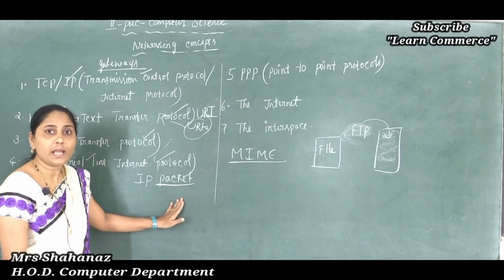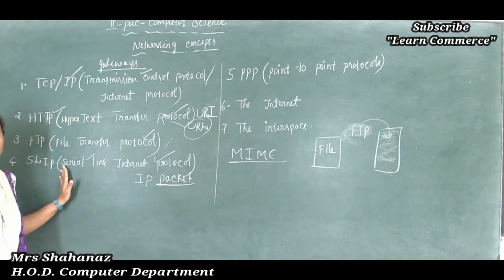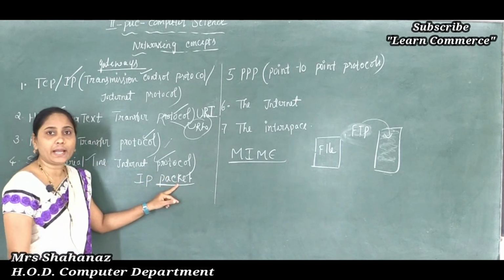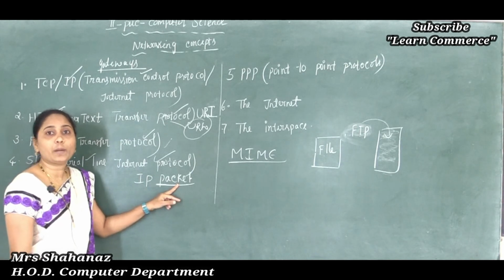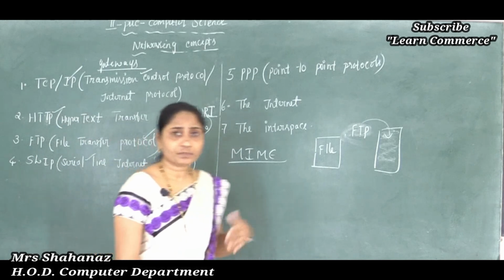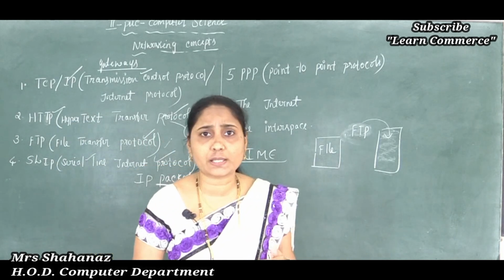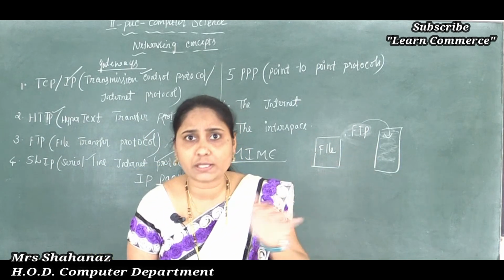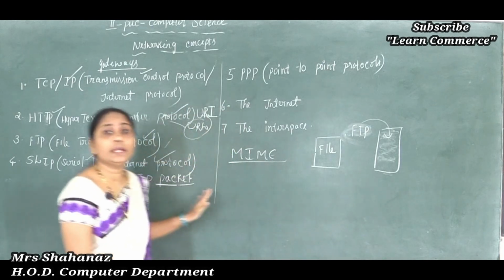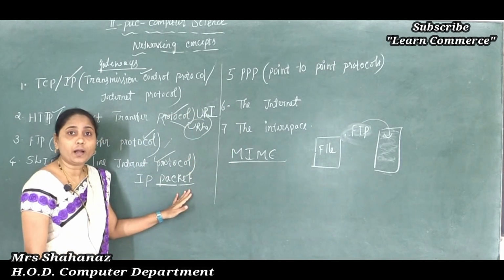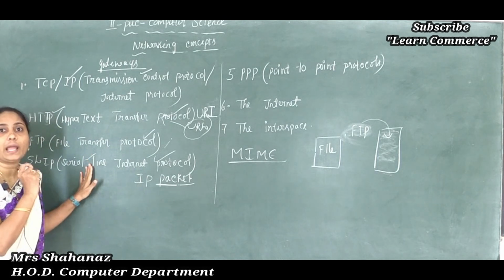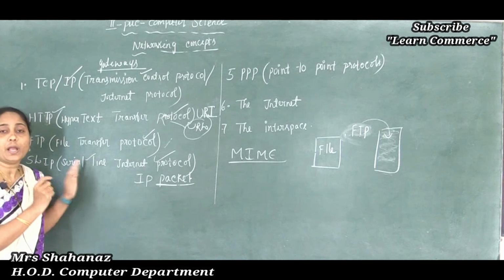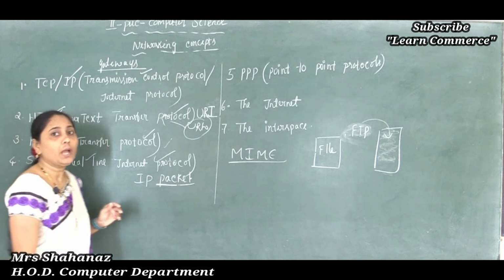So here in the case of SLIP, it relays the IP packet, any kind of information, over dedicated lines. That means by using wires. The advantage is that it defines the encapsulation mechanism. What about the encapsulation mechanism?